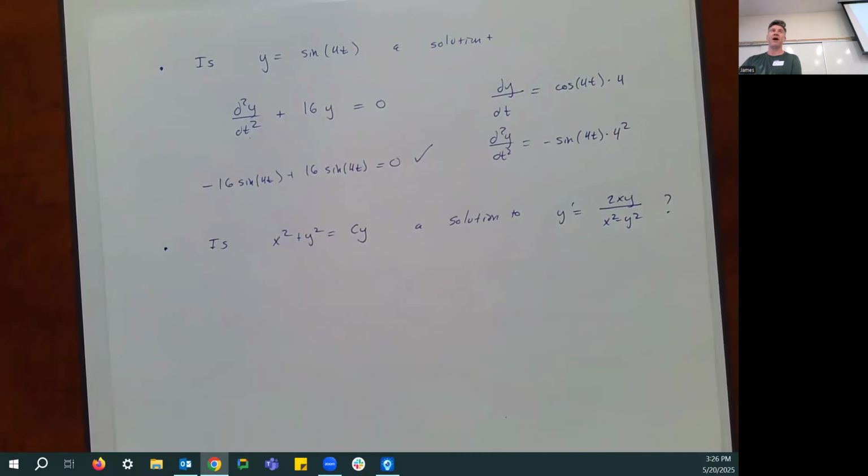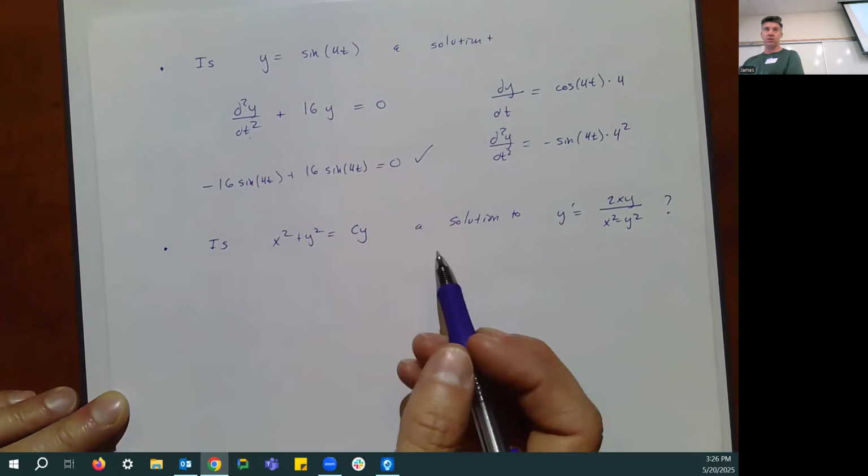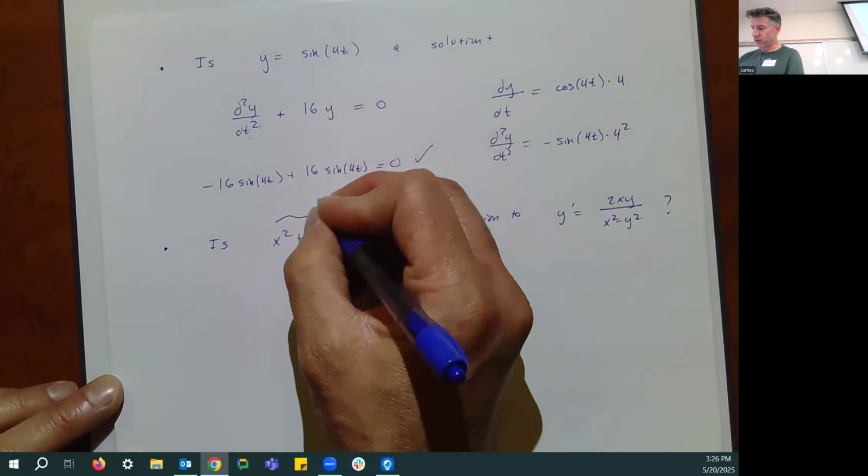For one, we don't have y explicitly in terms of x. So if you see this kind of thing, the first step should just be to take the thing we think is a solution. So here's our proposed solution.